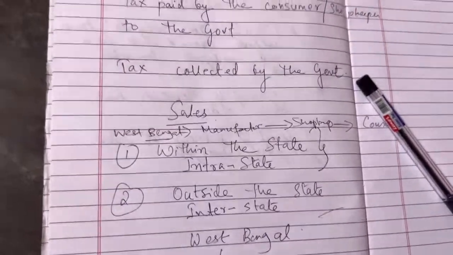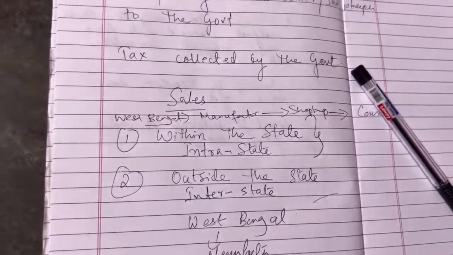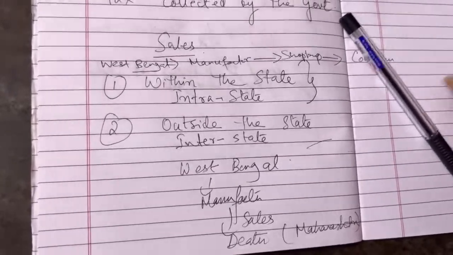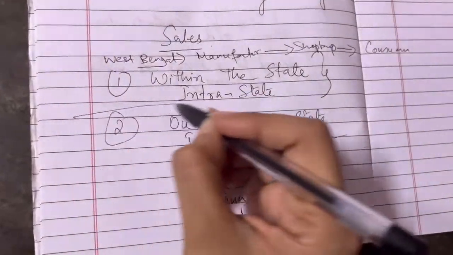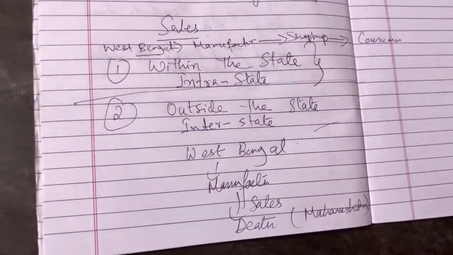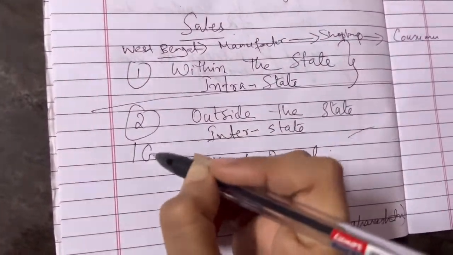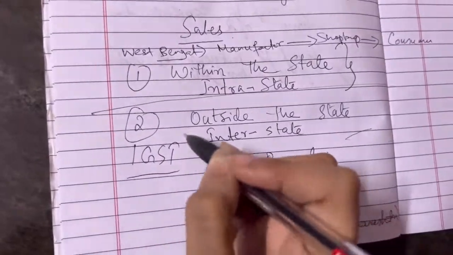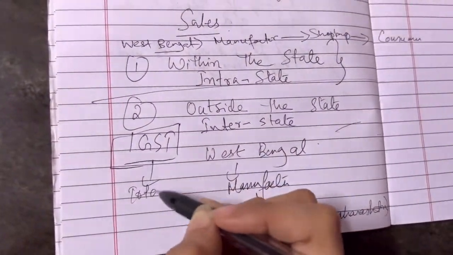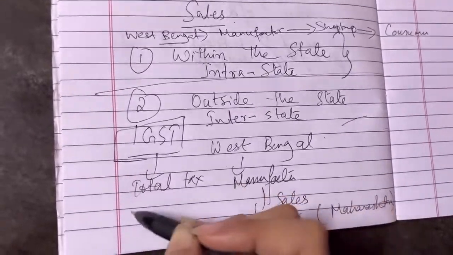Now GST is divided accordingly in terms of intrastate and interstate. If the transaction is interstate, if the sale is carried out outside the state, then we call it IGST, which means the total tax is collected by the central government.